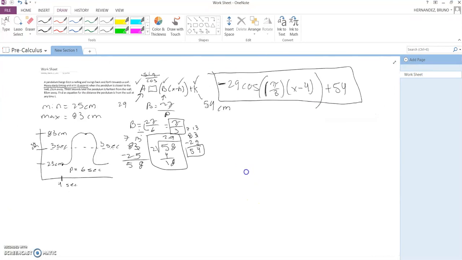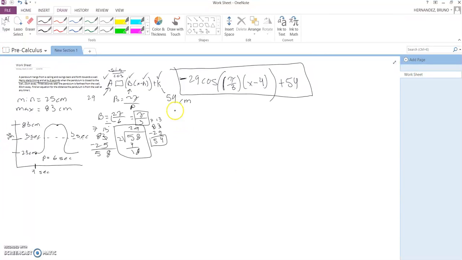So now that we have found our equation, we can graph it and plot our 5 points. Now our minimum is 25 centimeters, and our max is 83 centimeters. Oh, pardon me, let me do this again, because this is very horrible. Let me give myself some more space.